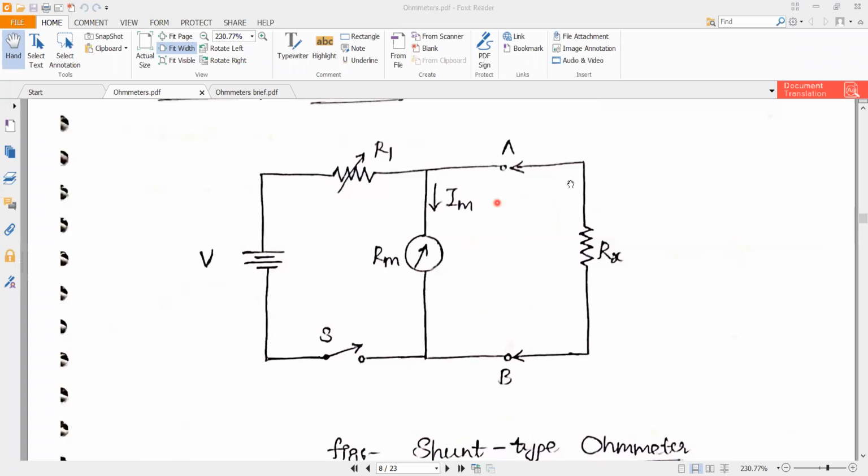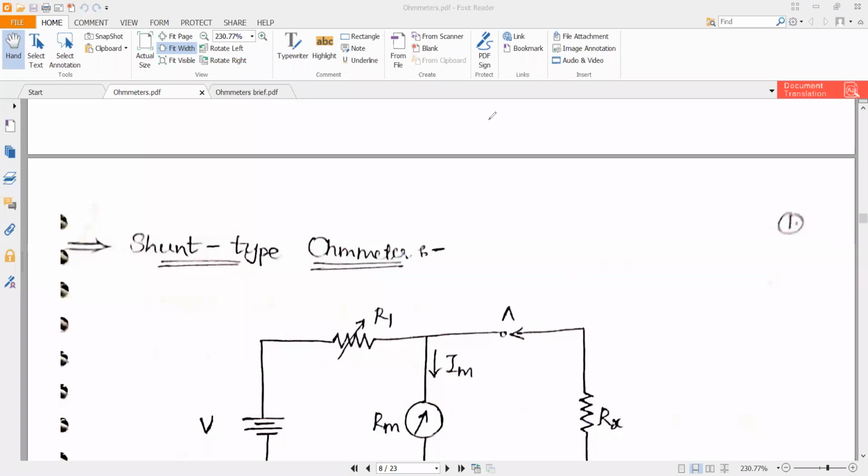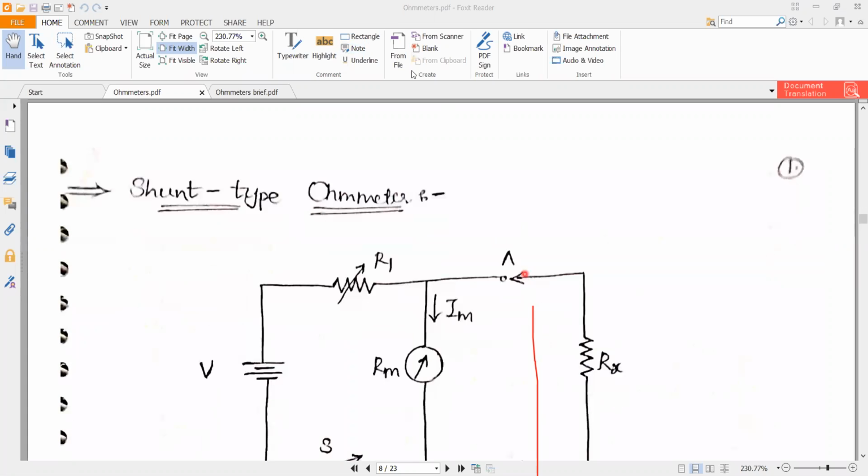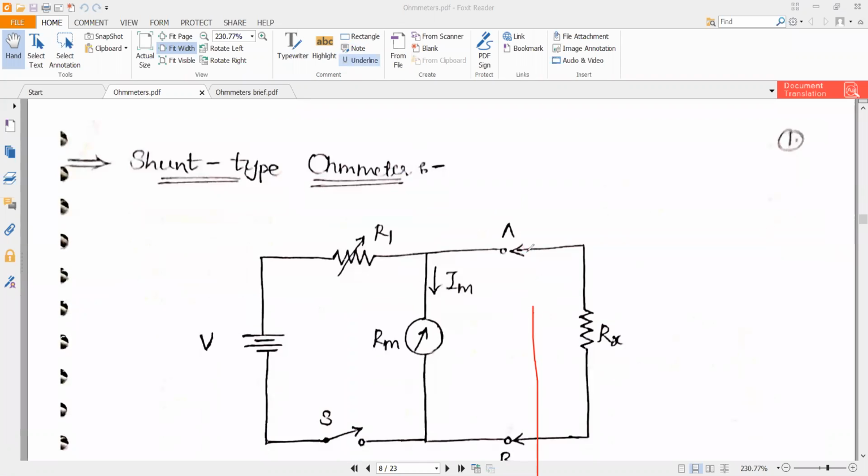If this unknown resistance is short circuited, then Rx is equal to 0, and the flow of current across here is also 0.